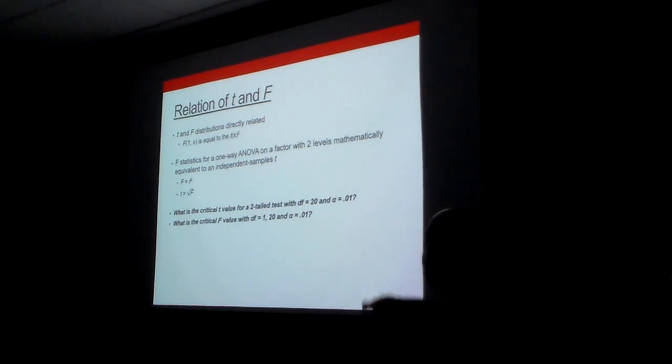So what is going to be critical? Anybody have a t-table on them? Okay. Amanda, tell me what the critical t value is for a 2-tailed test with 20 degrees of freedom at alpha equal 0.01. 0.01 with 20 degrees? Yep.